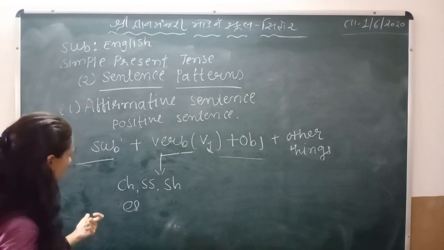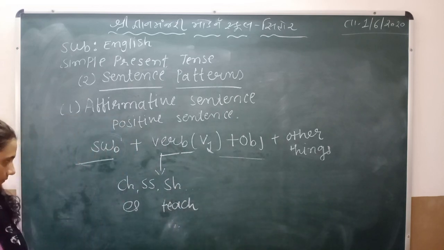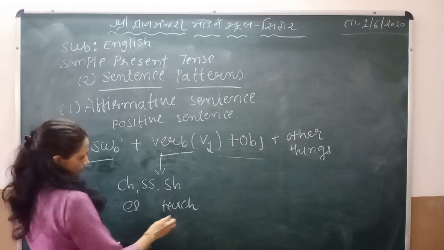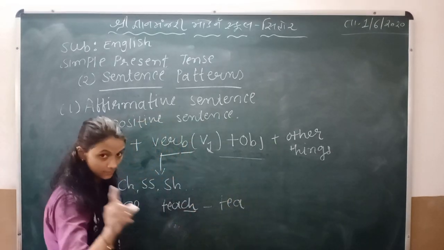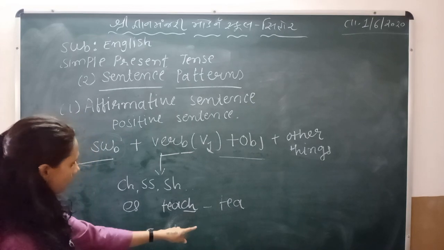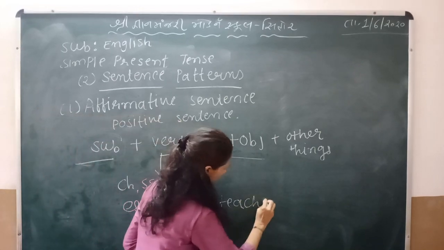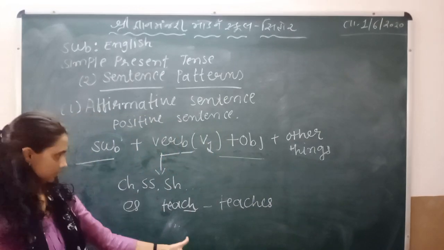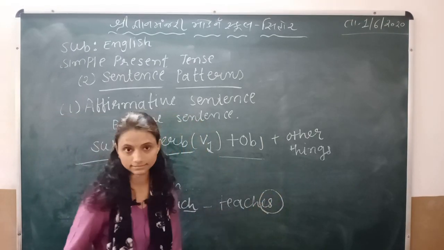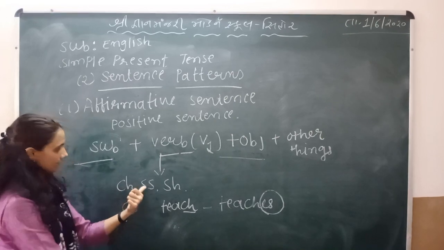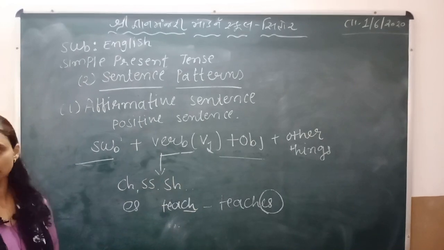Suppose you have this verb teach, so you have ch. When we want to make teach a verb of simple present tense, or when you have a third person singular subject, at that time you can use teaches. If you have noticed, we have added es here. So if you find ch, s, double s, sh, in that case you have to use es.